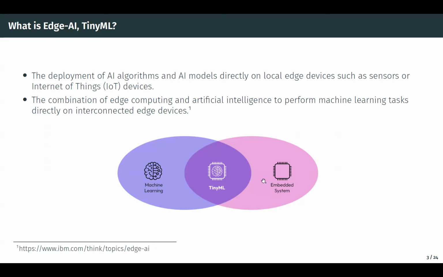With time, it became necessary to transfer these big models towards embedded systems or edge devices that we have in our homes, like our mobile phones and other devices. This created an intersection field called TinyML.